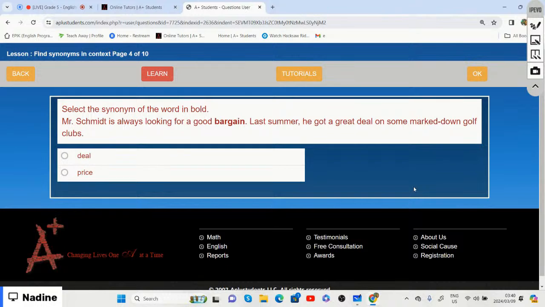And bargain. Mr. Smith is always looking for a good bargain. Last summer, he got a great deal on some marked down golf clubs.